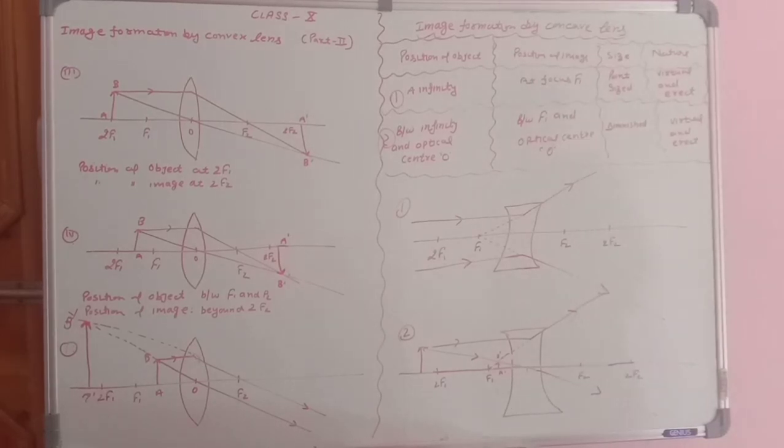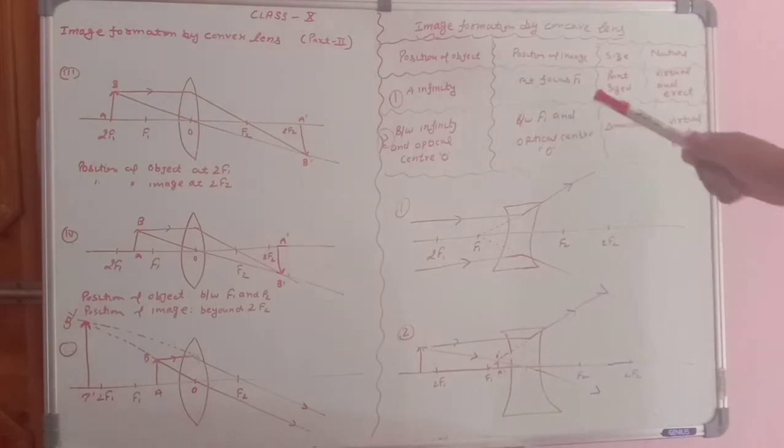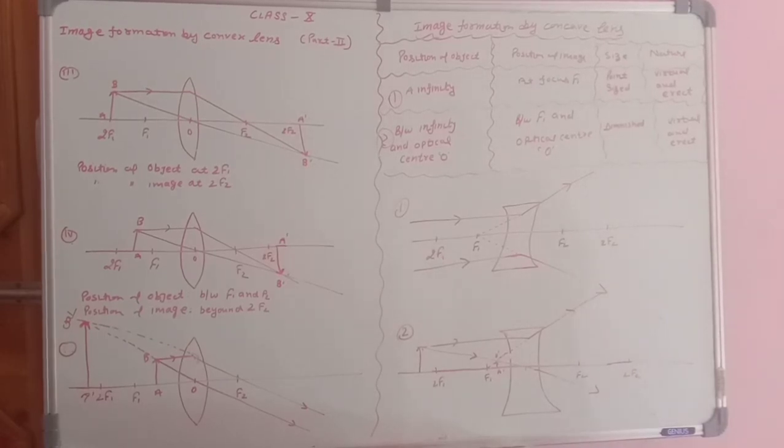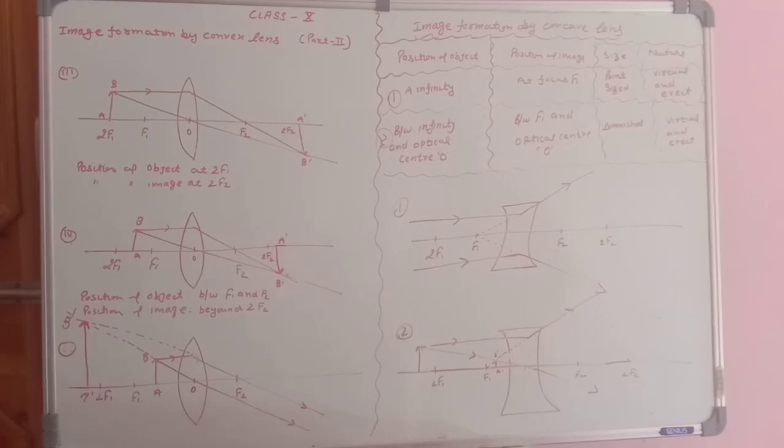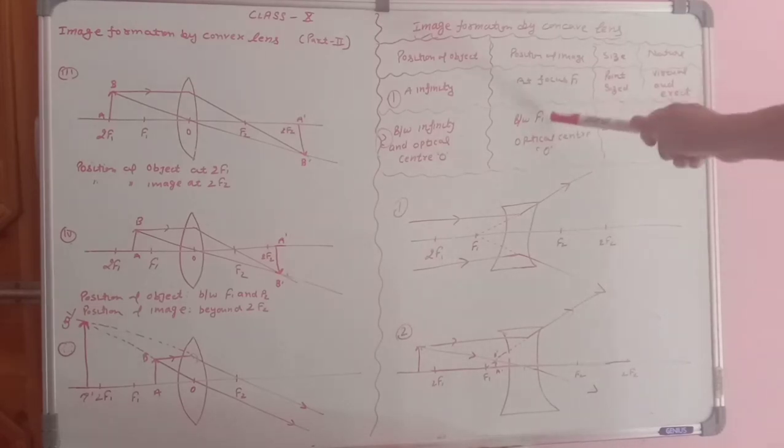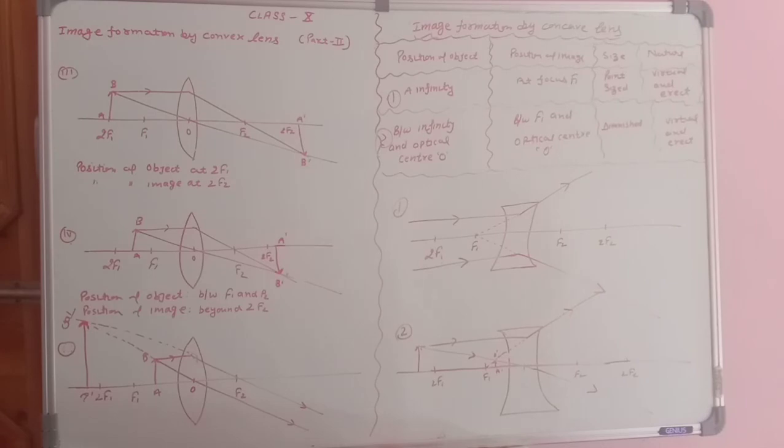Now next is when the object is between infinity and optical center O, then your image will be between f1 and optical center O. Wherever you are keeping the object between infinity and optical center, whether beyond 2f1, between f1 and 2f1, at 2f1, or between f1 and O, it doesn't matter, your image will be between f1 and optical center.